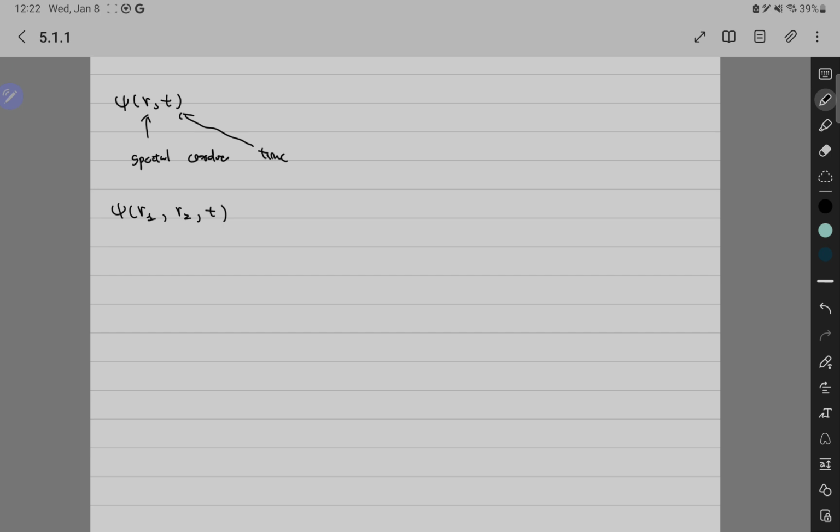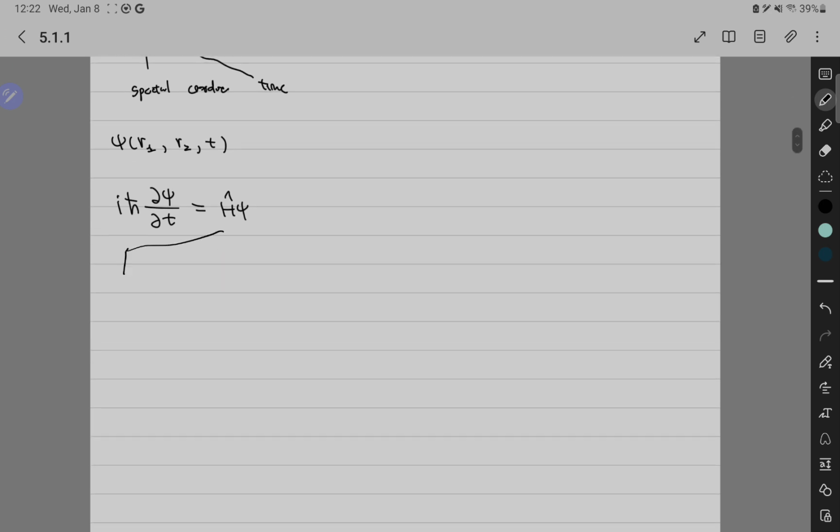So we know that the time evolution is determined by the Schrodinger equation, which says the following: i h-bar partial phi over partial t is equal to the Hamiltonian of phi.